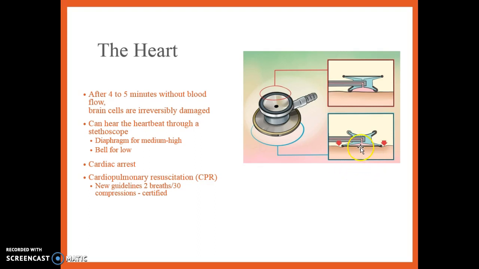It is more sensitive to medium and high pitched frequencies, whereas the bell side looks slightly concave and is shaped to collect lower pitched frequencies better.